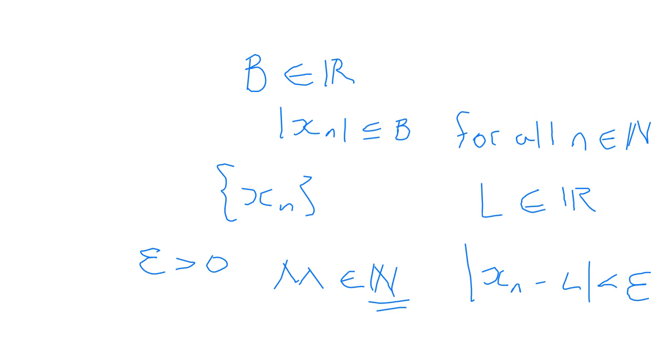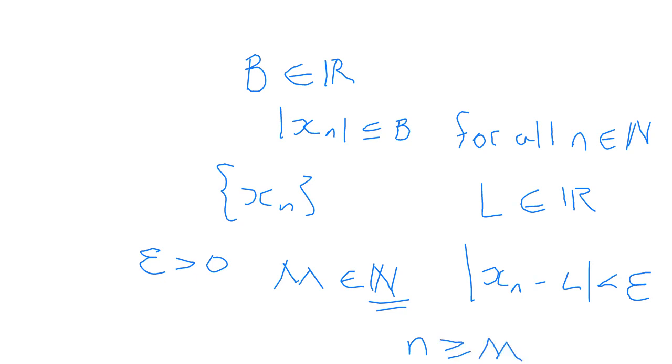for all. Read it again. There exists an M in N, as in never, capital N, such that the absolute value of x sub n minus L is less than epsilon for all n greater than or equal to M. I'll explain that soon.